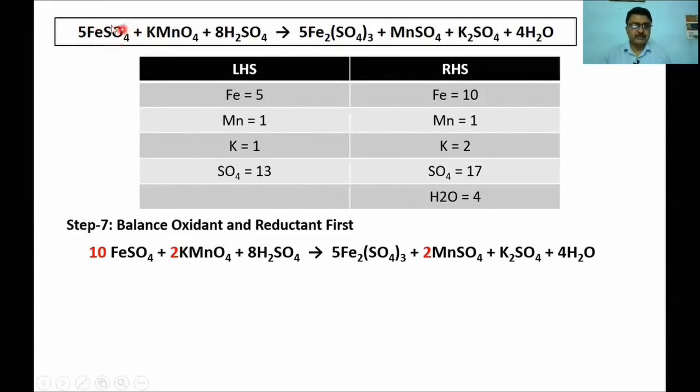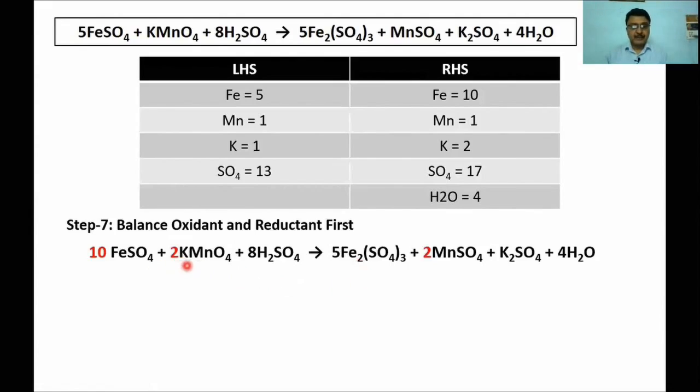Only this ferrous sulfate, not the whole equation, not the whole left hand side. Only this. So I have made this 10, right? Now I can see that here we have 10 iron atoms, and on the right hand side we also have 10 iron atoms. Then come to potassium permanganate.